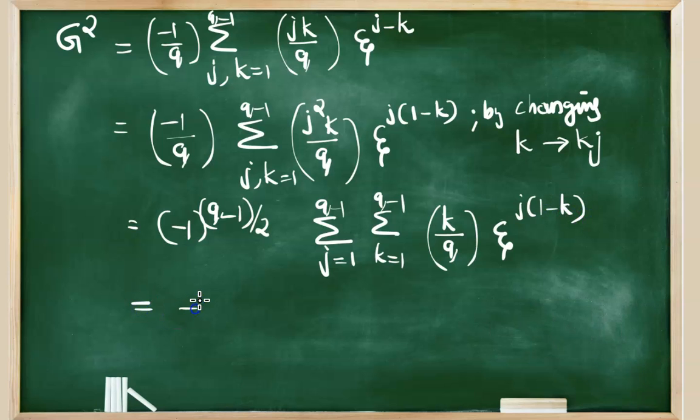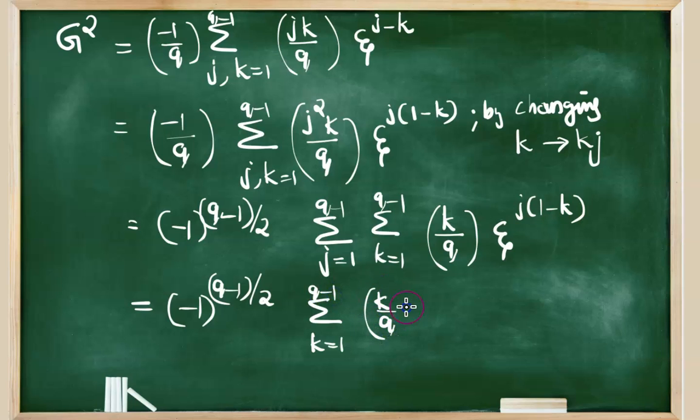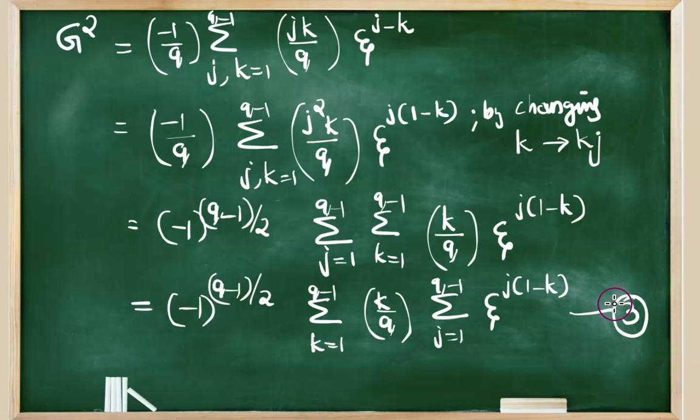So this is equal to minus 1 raised to (Q minus 1) by 2 into summation over K varying from 1 to Q minus 1, Legendre symbol (K by Q), which is taken outside the summation of J since this factor is independent of J, into summation over J varying from 1 to Q minus 1 of theta raised to J into (1 minus K). Let this equation be labeled as equation 3.